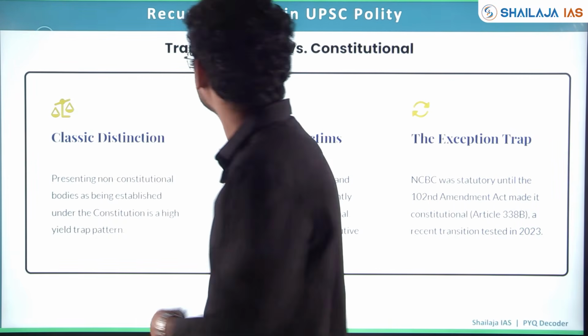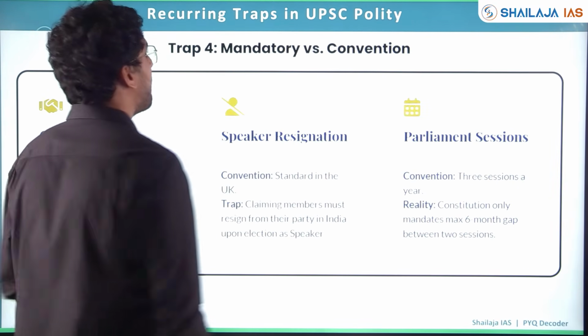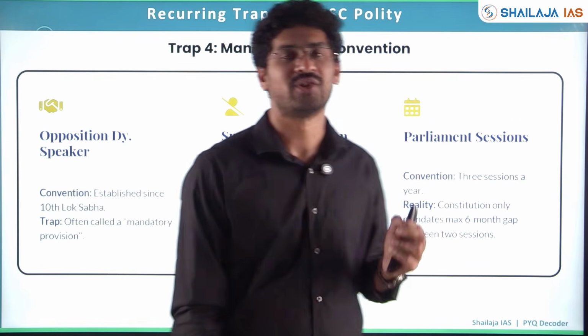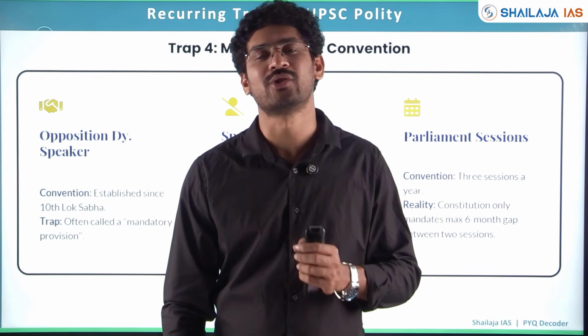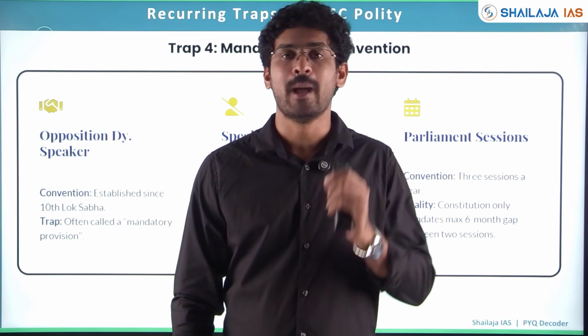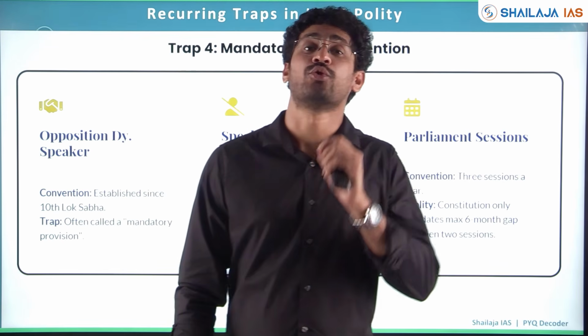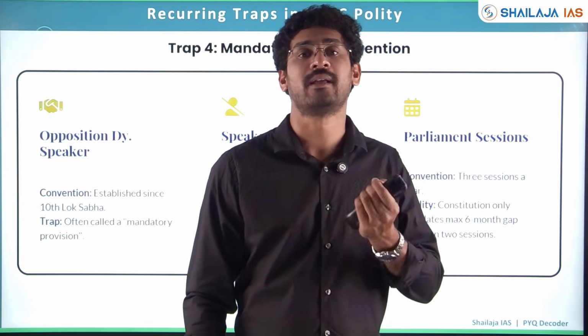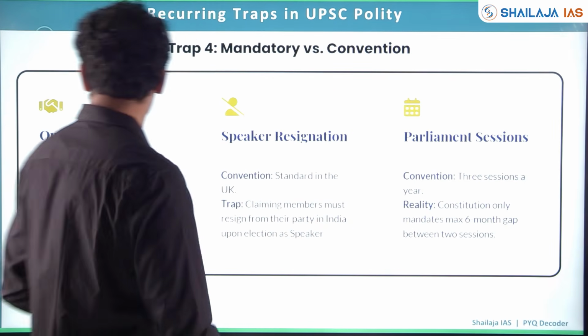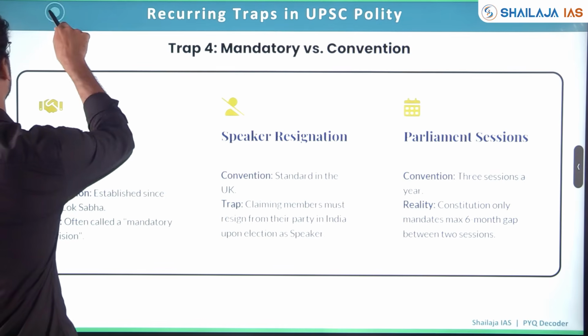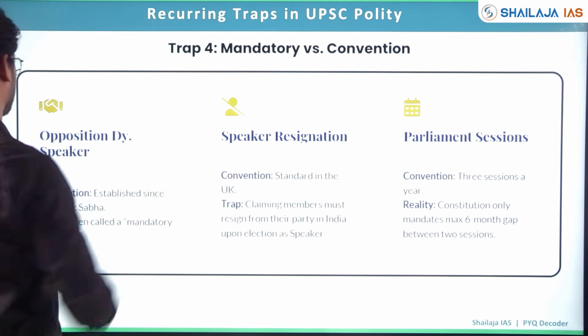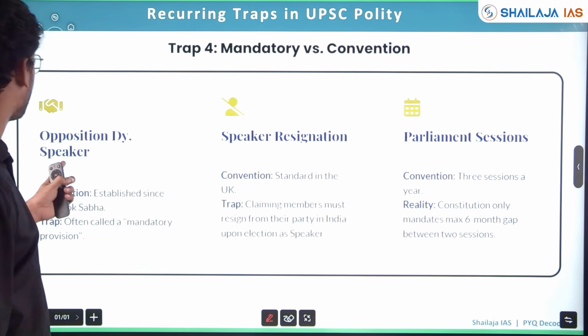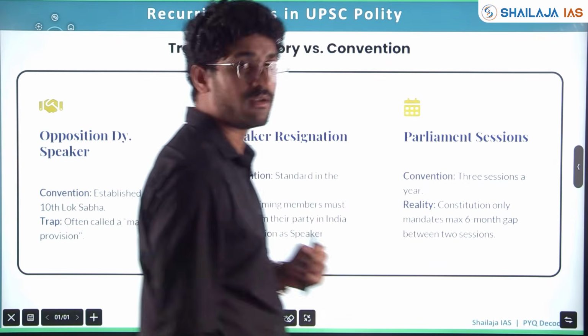Next, mandatory versus convention. Ours is a written constitution where we have adopted many conventions, and the themes do reoccur every year. I'll give you an example: opposition deputy speaker.